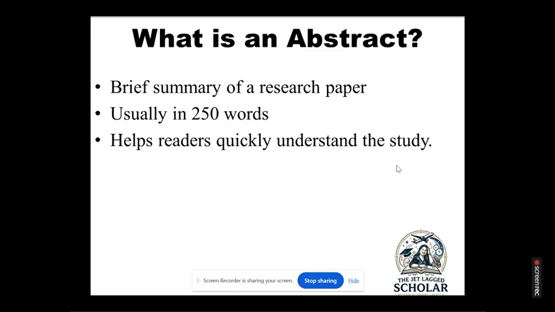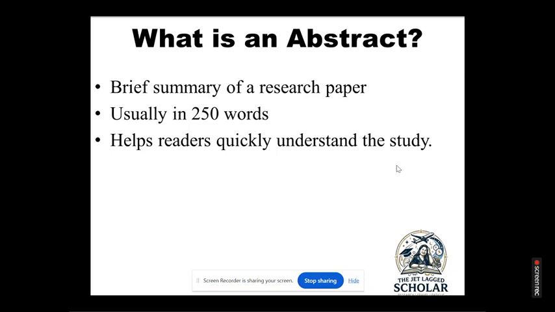Before we start, I would just like to tell you what an abstract actually is. An abstract is basically a brief summary of what has actually been done in the research paper, and usually the minimum word limit for it is 250 words. In some conferences and journals, they ask for an abstract of about 400 to 500 words also.